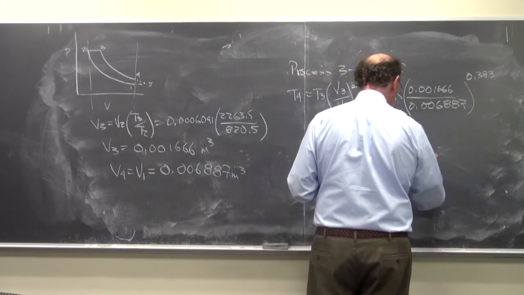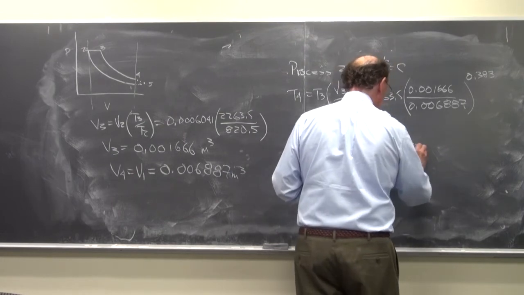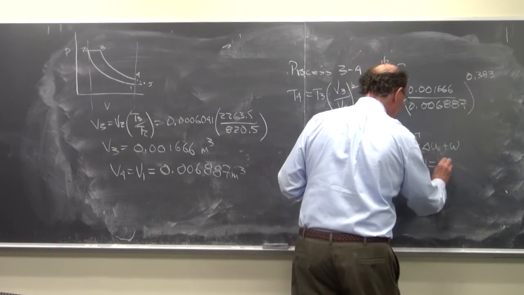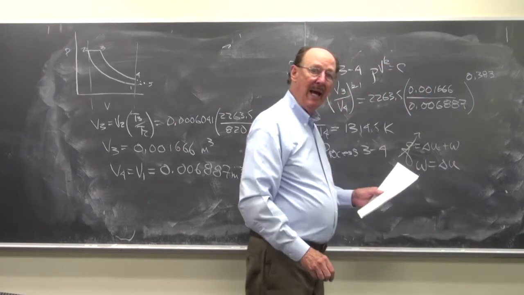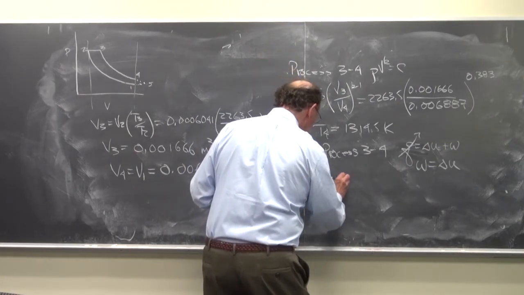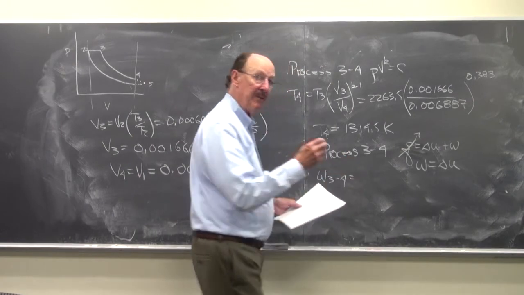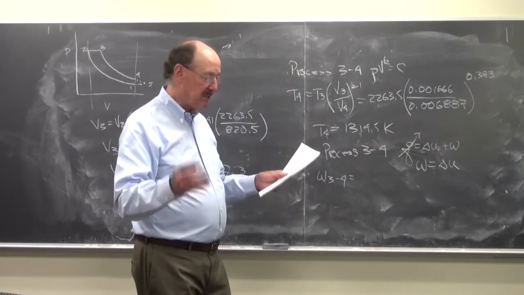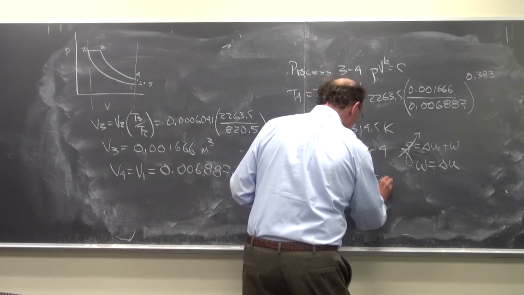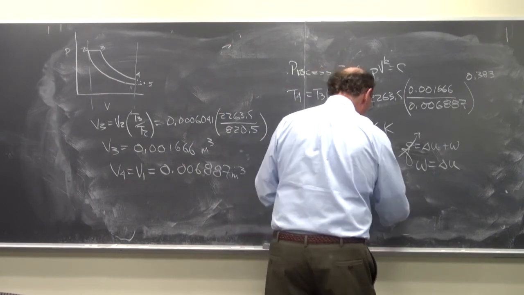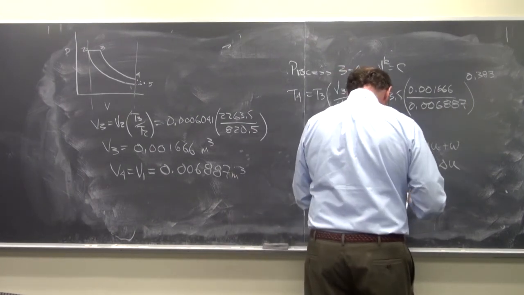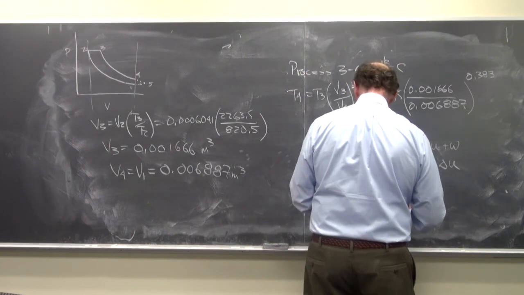Q is equal to delta U plus W. Q is 0, so W is equal to delta U. So the W from 3 to 4 is equal to 1 plus RFA, because I have air plus fuel, times C sub V of the products times T3 minus T4.